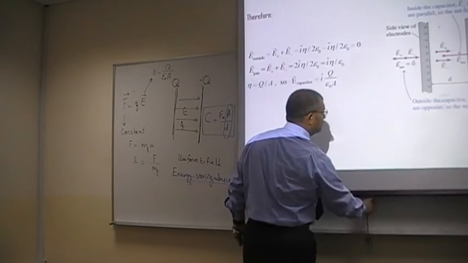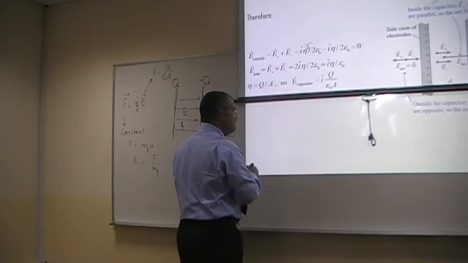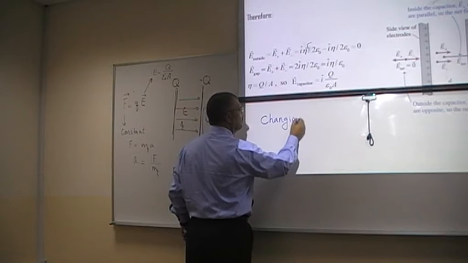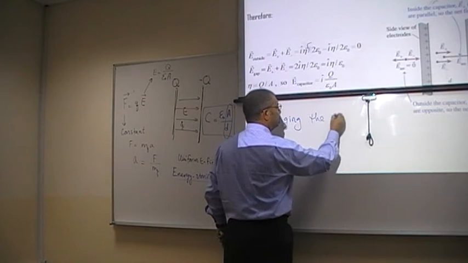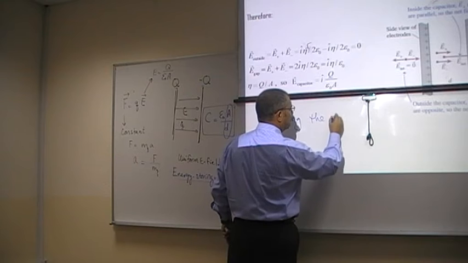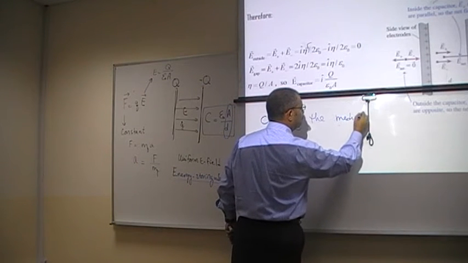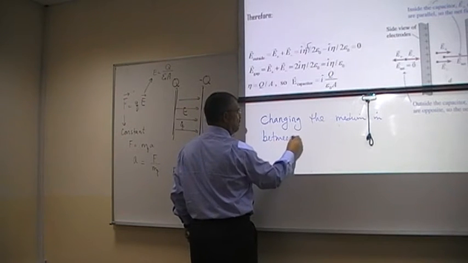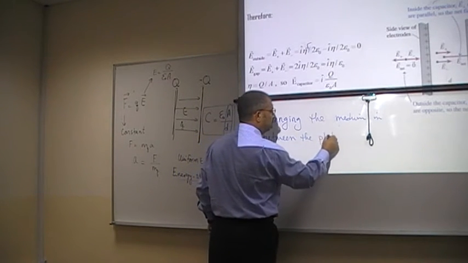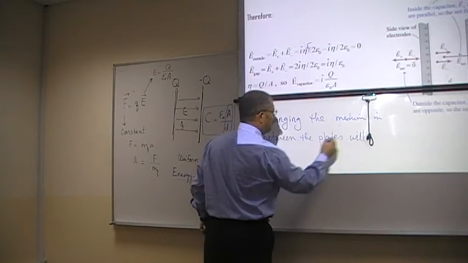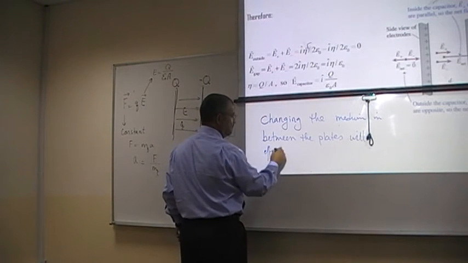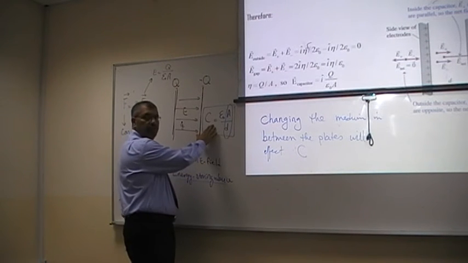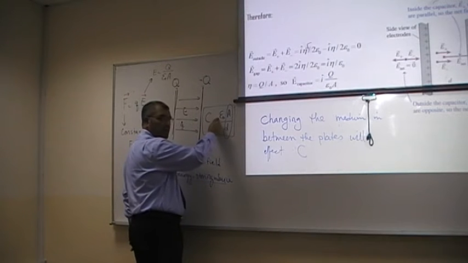Changing the space or the medium in between the plates will affect C, the capacitance. How? Because of this formula here. We see that if we change this somehow.